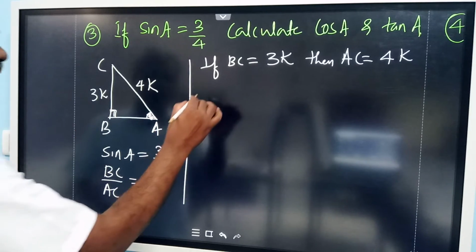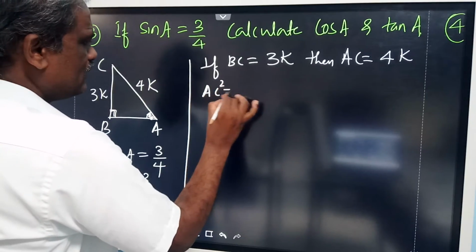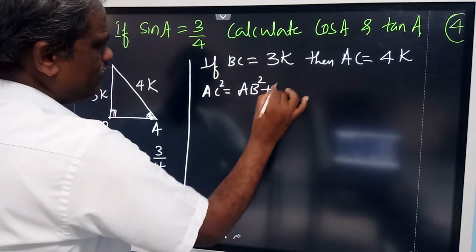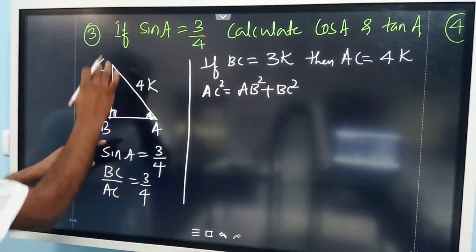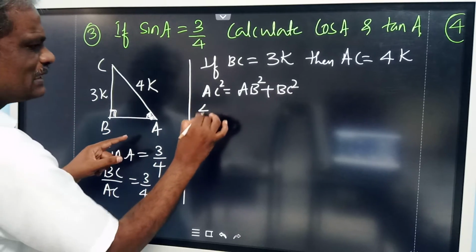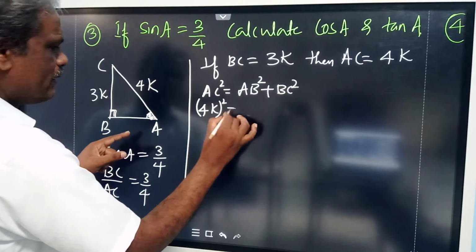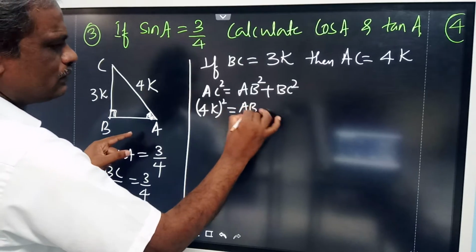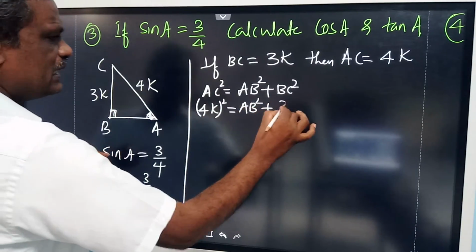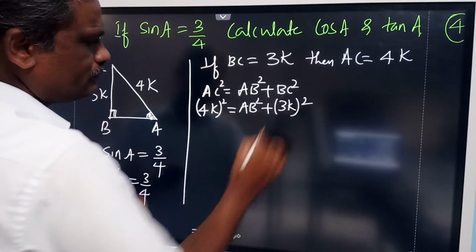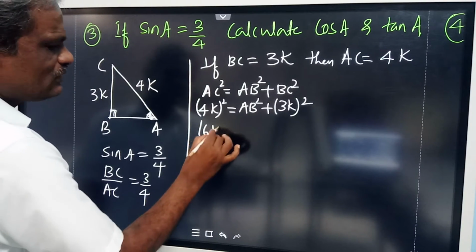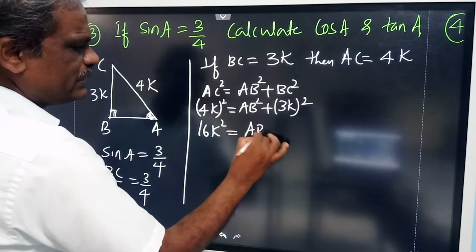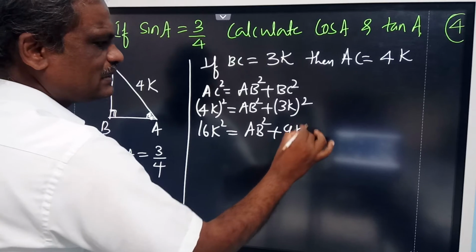Use Pythagoras theorem now. AC square is equal to AB square plus BC square. AC square means 4K whole square. AB square we need to find out, plus BC square, which is 3K whole square. 16K square is equal to AB square plus 9K square.